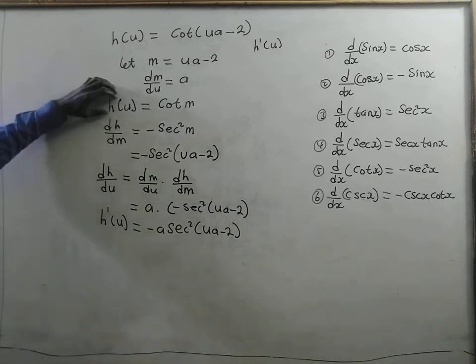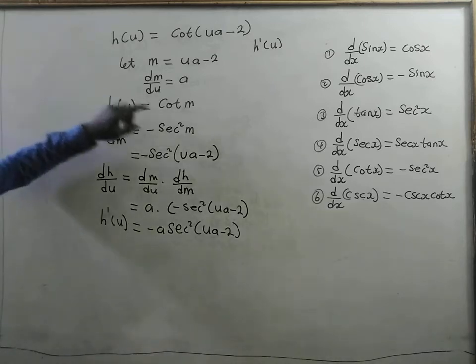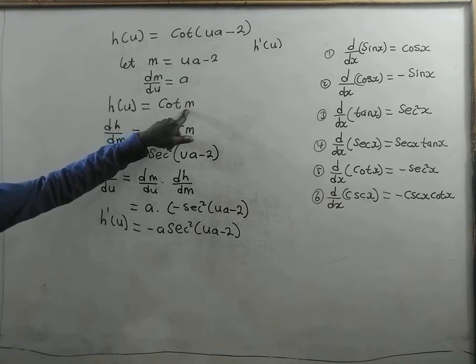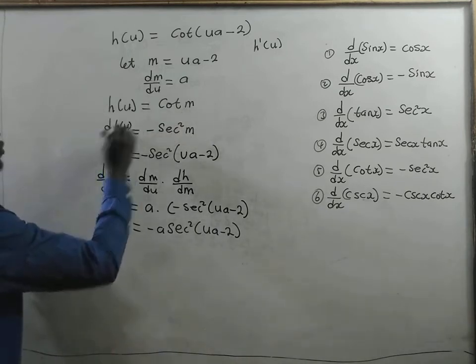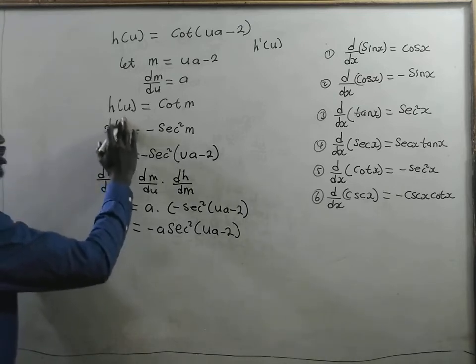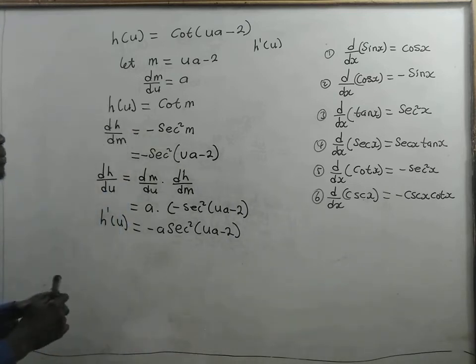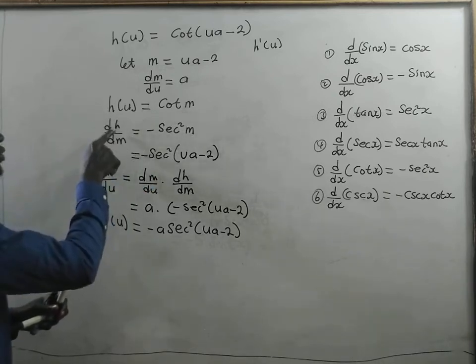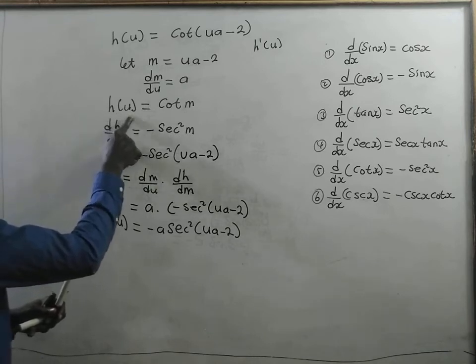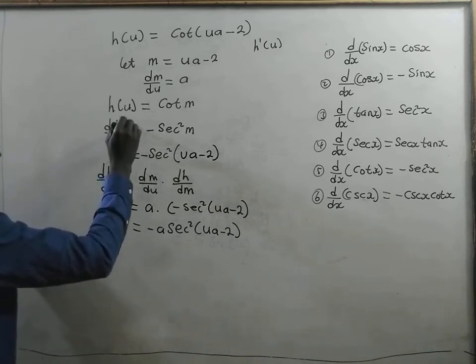So here we differentiated h with respect to m, or h of u. You can call it h of u, or you can leave it as h with respect to m, not u with respect to m. Because the function here is h of u, right? So you can write it h representing h of u, or you can put the u there.